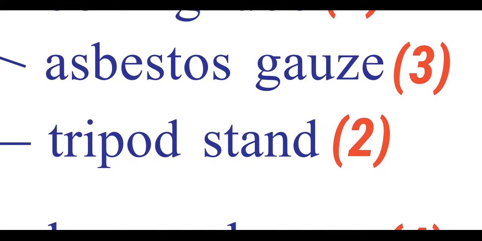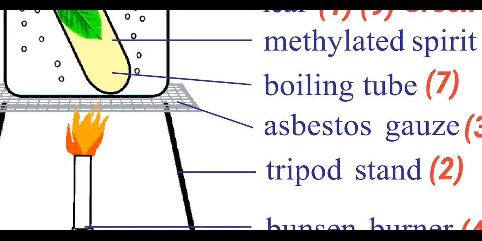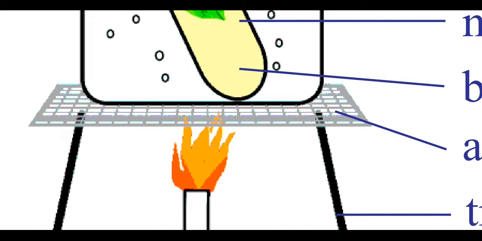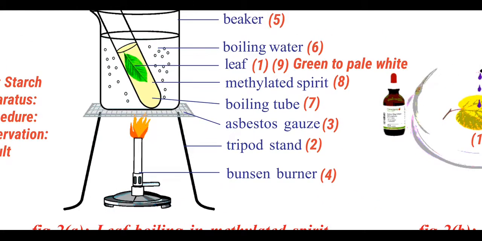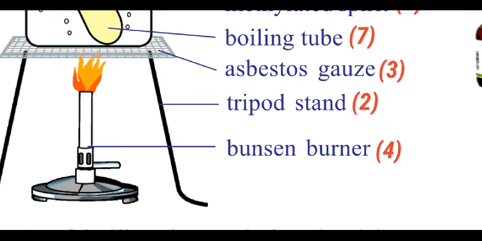Point 3: put asbestos gauze on the tripod stand. Step by step. Next, point number 4: you put a Bunsen burner under the tripod stand.